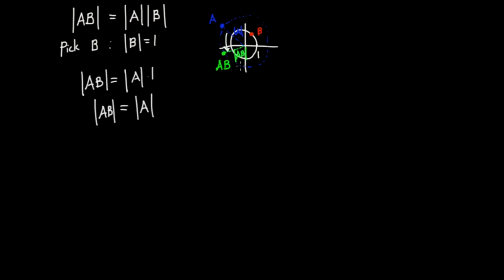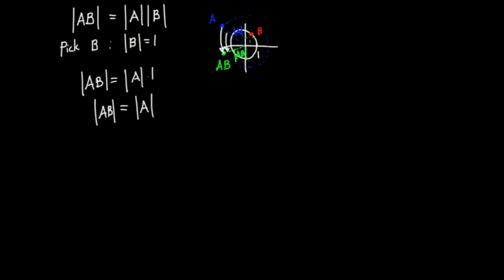And I use the word rotation because this point, as it gets sent from here to here, stays along the same circle of the same radius as the magnitude of A. It follows a circular trajectory being rotated along the origin.